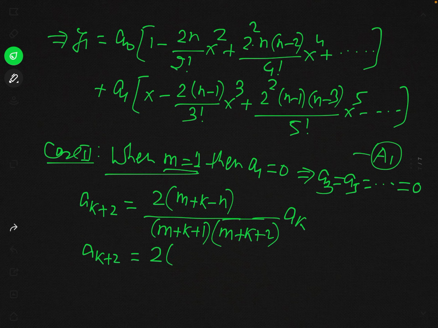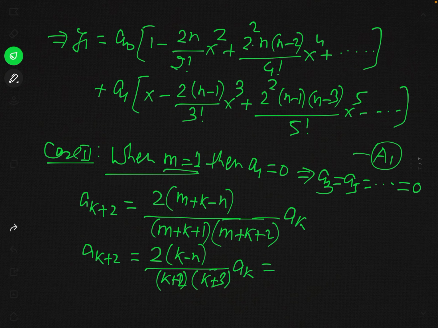This will be 2 times of k minus n over k plus 1 times, not k plus 1, but k plus 2, because m is now 1, and times k plus 3 ak.